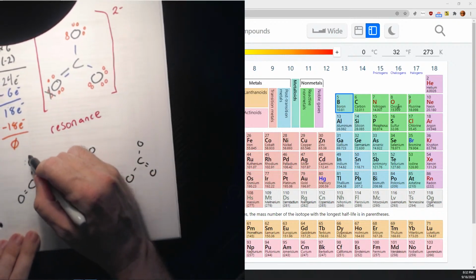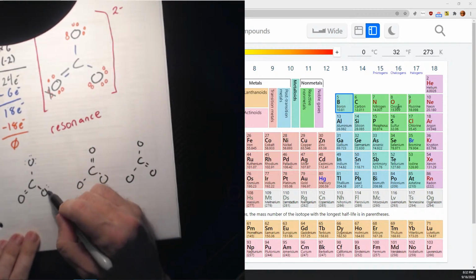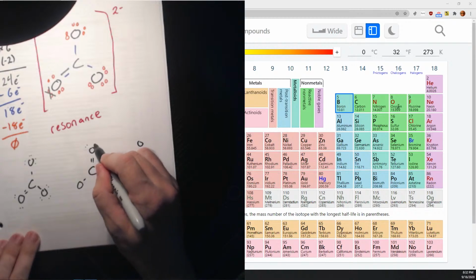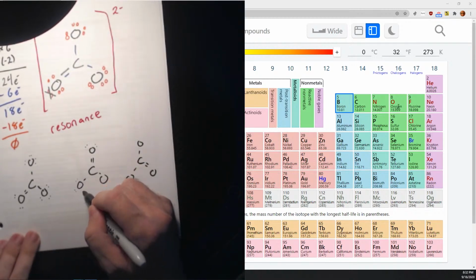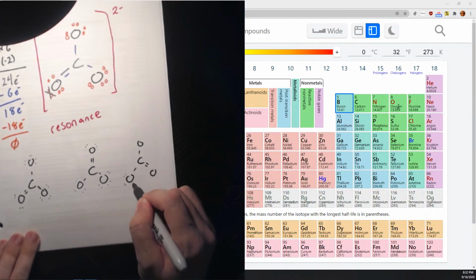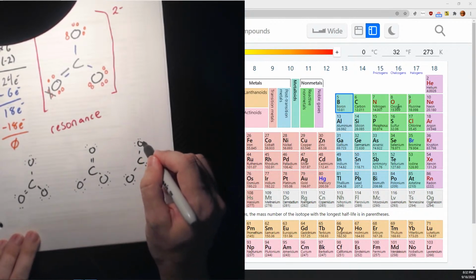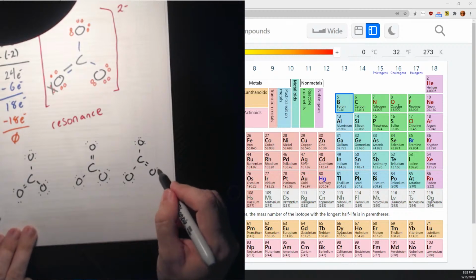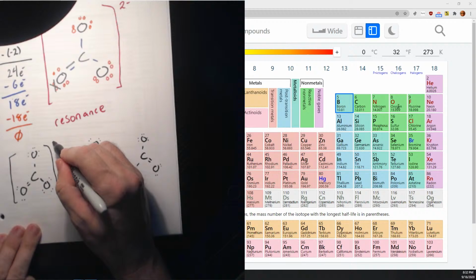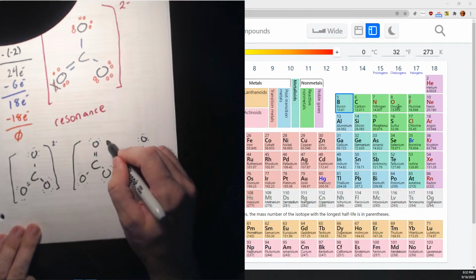And these all have lone pairs, which are going to be largely invisible to you guys because I'm just doing dots to save myself a little bit of time, but trust me, they are there. I'm not forgetting them. You can see me adding them even if you can't necessarily see them. And then we put brackets on each of these to show they have a 2- charge.